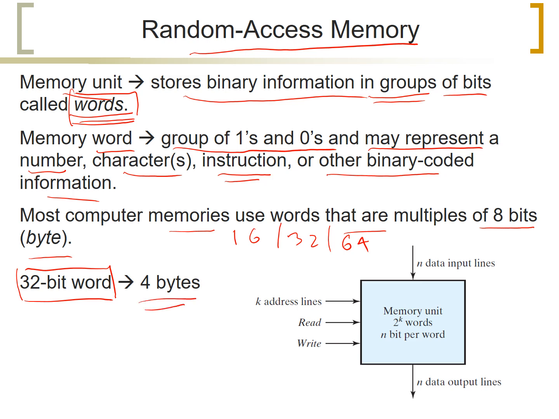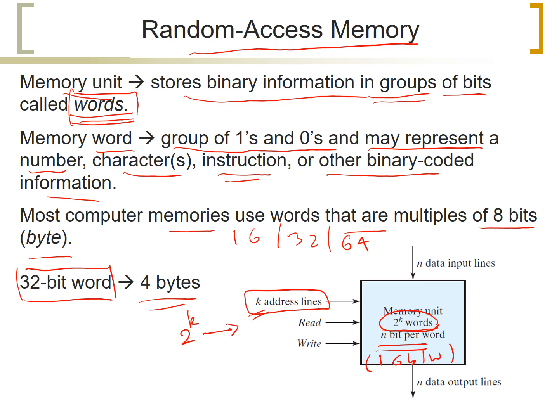Now the memory unit, in this case, will consist of 2 to the k words, and it has n bits per word, as an example, 16 bits per word. So when it has 2 to the power k words, it needs k address lines, because for k bits, we have 2 to the power k combinations, and each combination will address one word in the memory.